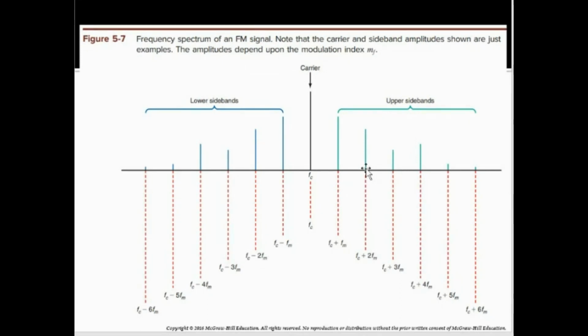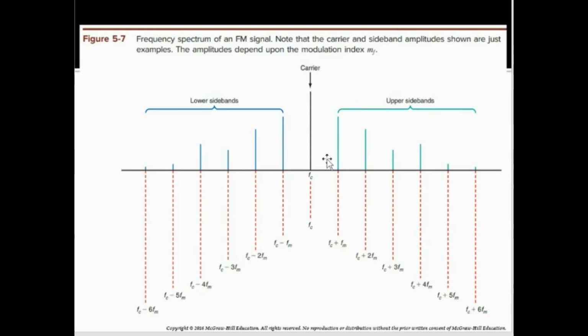In amplitude modulation, we have seen that when we use binary signals, which have multiple harmonics of the fundamental frequency, the sideband amplitudes or the harmonics keep reducing as they go to higher harmonics or higher frequencies.